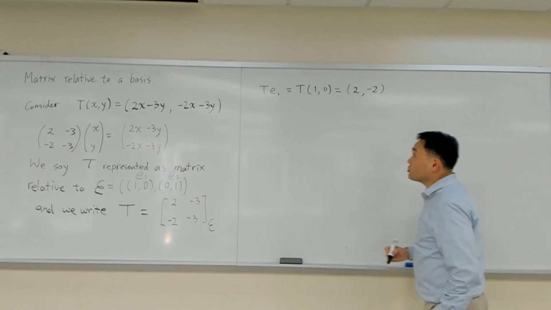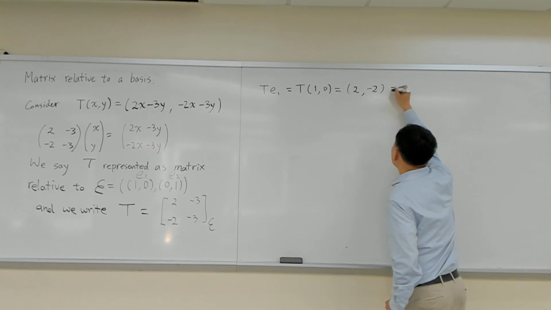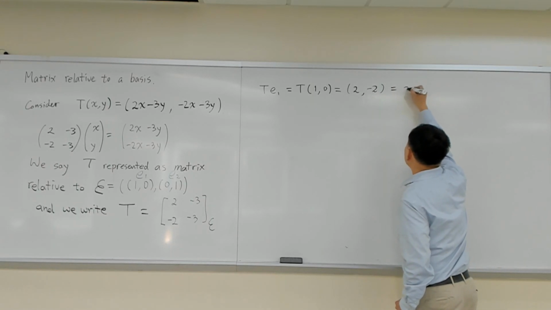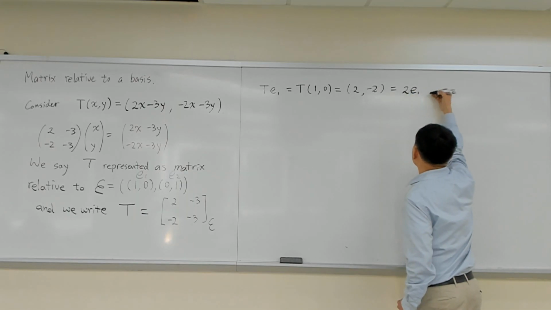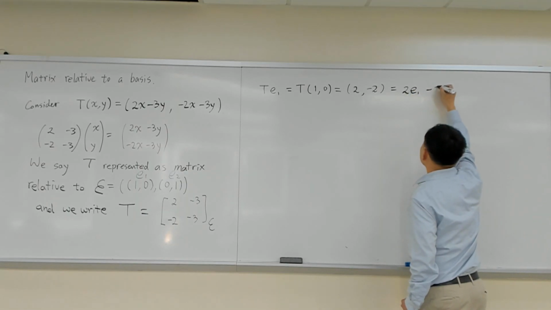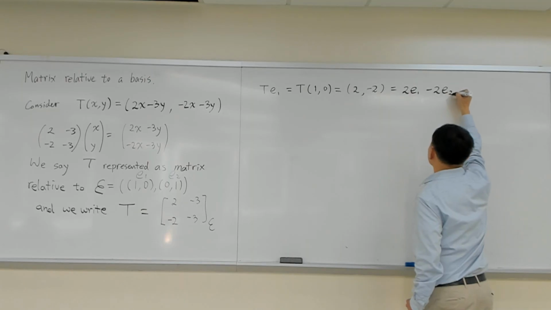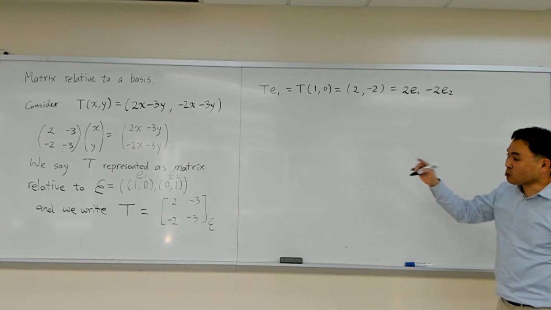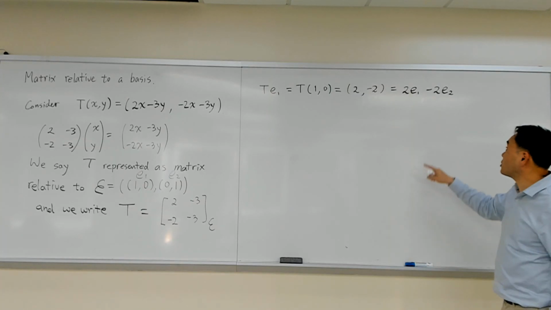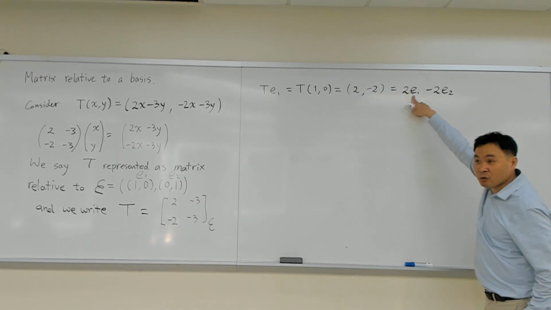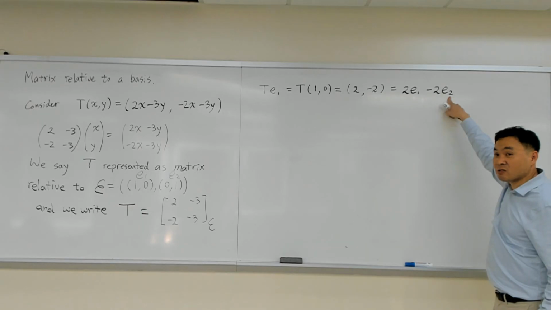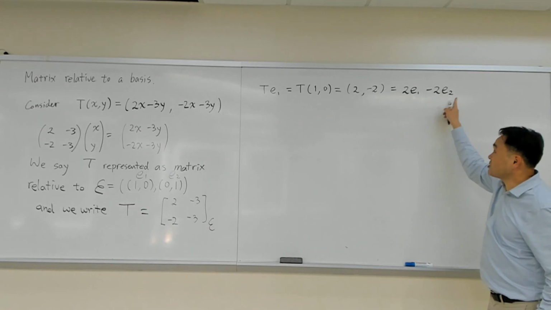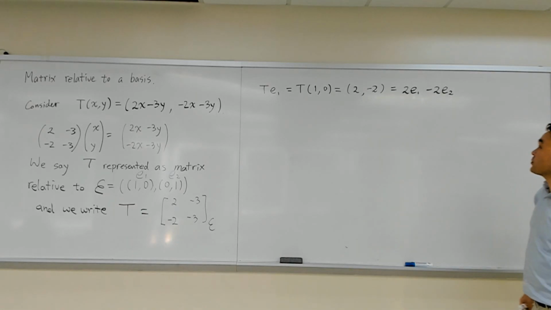And that can be written as 2 times E1 minus 2 times E2. Is that right? Because E1 is 1, 0 and E2 is 0, 1. If you replace E1 by 1, 0, E2 by 0, 1, and you simplify, you get exactly this, okay?